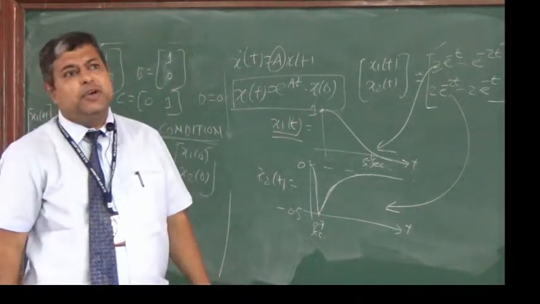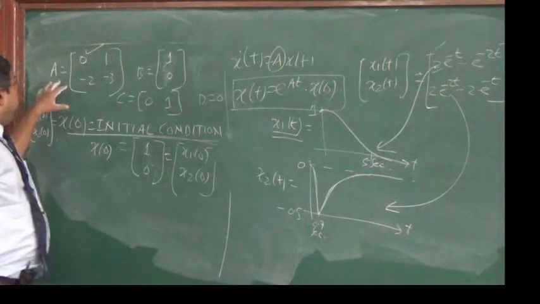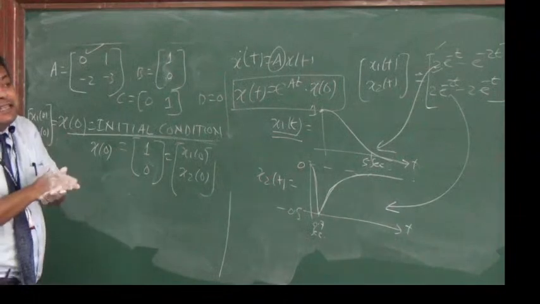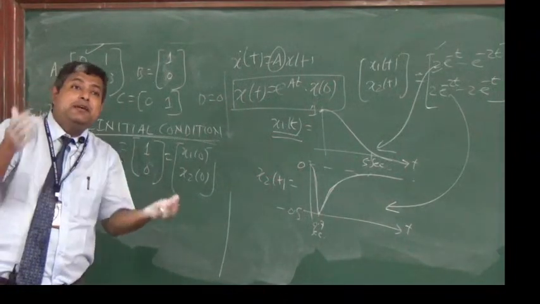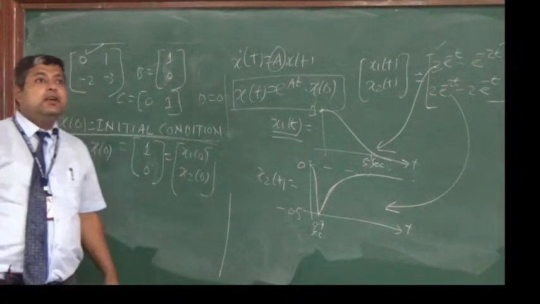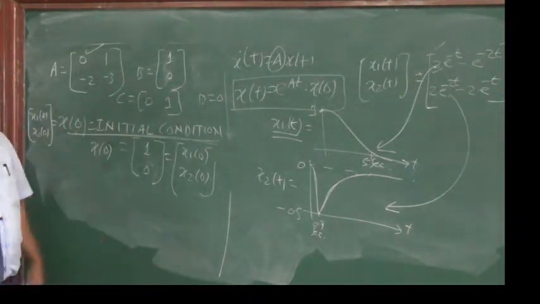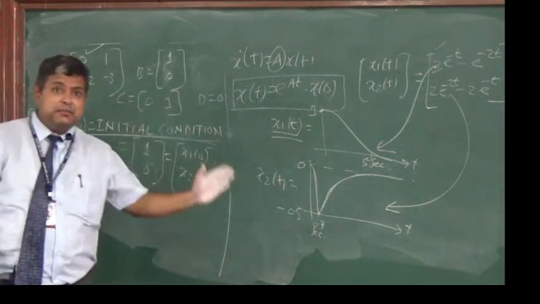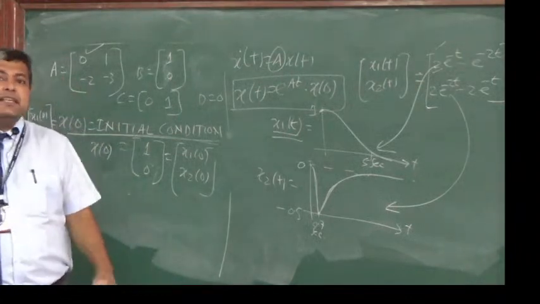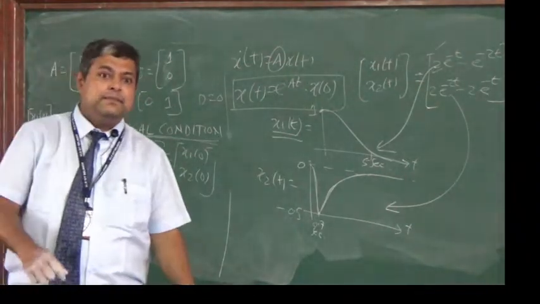So this is the significance of state variables. From the system given, that is y double dot t or y triple dot t, an ODE equation, you have to come to the state variable form. Once you come to the state variable form, you find the state transition matrix, multiply it with the initial conditions, and that gives you the solution for the homogeneous system.